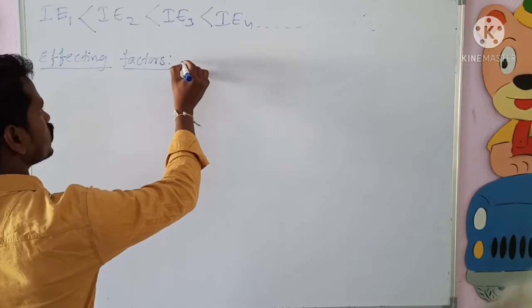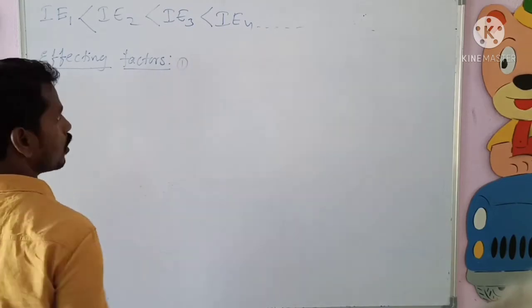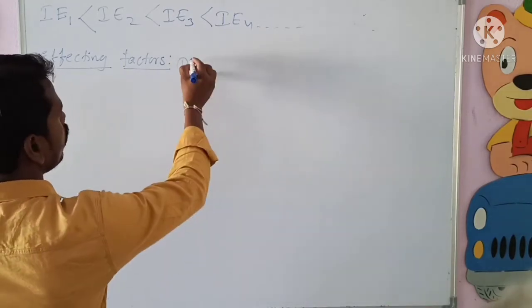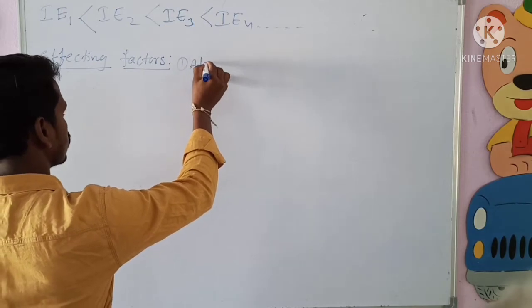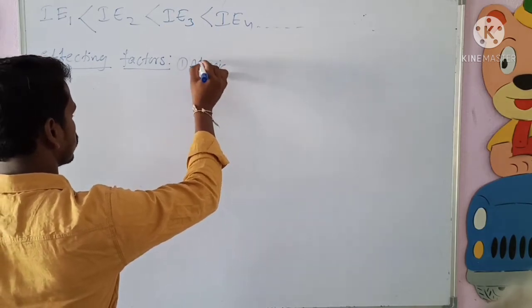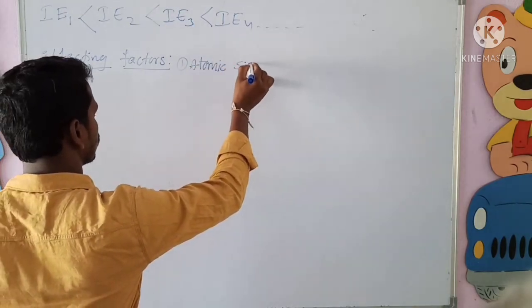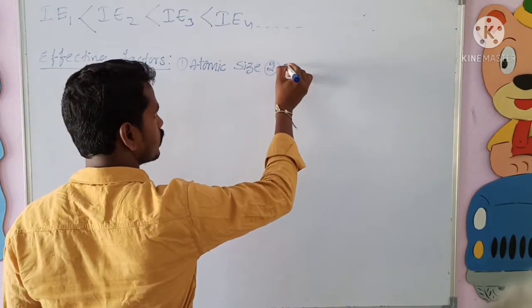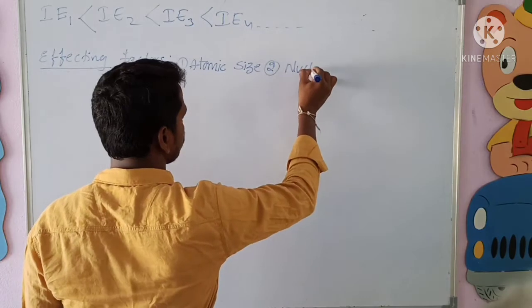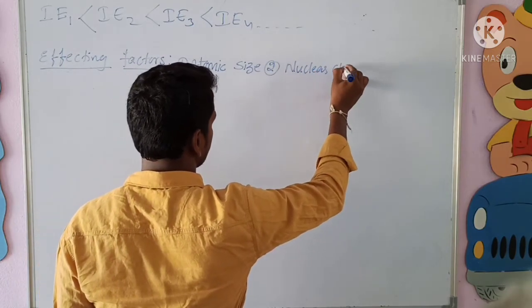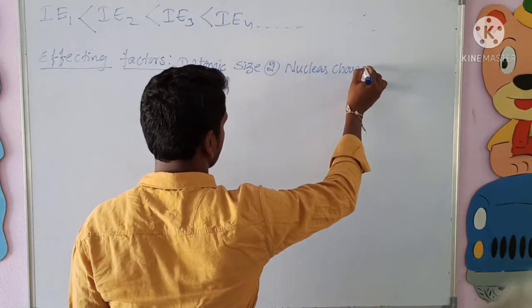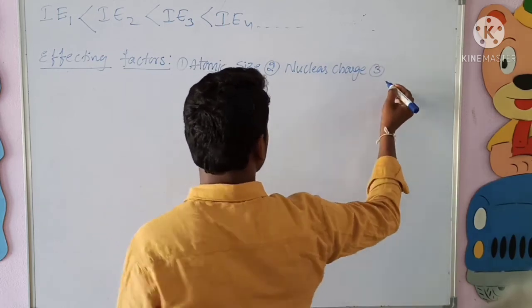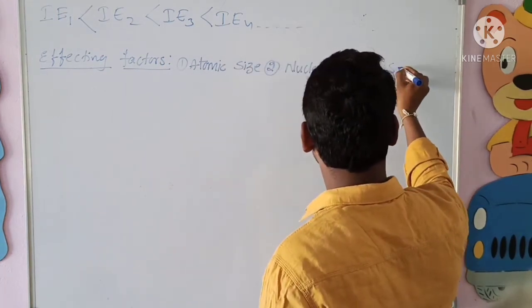They are: first one, atomic size. Second one, nuclear charge. Third one, screening effect.